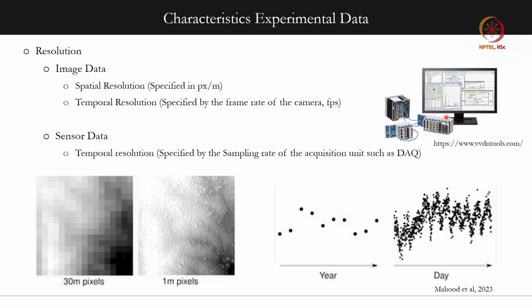So there is a sampling rate. Say if we have a sampling rate of 10 kilohertz, it takes 10,000 samples from the sensor in 1 second. So the time between two consecutively sampled data points is 1 divided by 10,000. So any time scale which is lower than this particular threshold cannot be resolved from that data anymore.